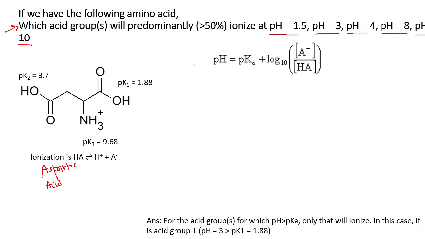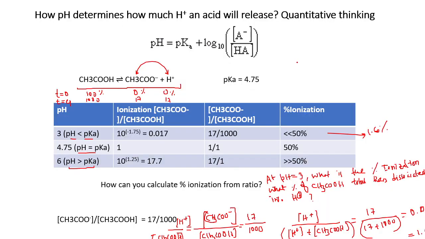We can calculate this quantitatively using the Henderson equation, or we can use the shortcut we learned in this slide: if the pH is less than pK, it will ionize less than 50%. If the pH equals pK, it is ionized 50%. And if the pH is over pK, it will ionize over 50%.